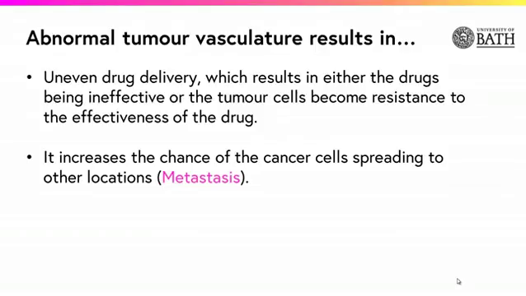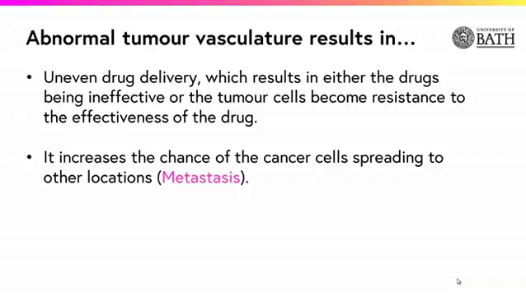And this can result in several other things as well. For example, as I mentioned before, some sections are thick, some are thin, and some sections of the tumor might have a lot of blood vessels, some might have very little blood vessels. And as a result, the drugs that are given, chemotherapeutic drugs or radiation, for instance, doesn't actually work on all the tumor cells equally.